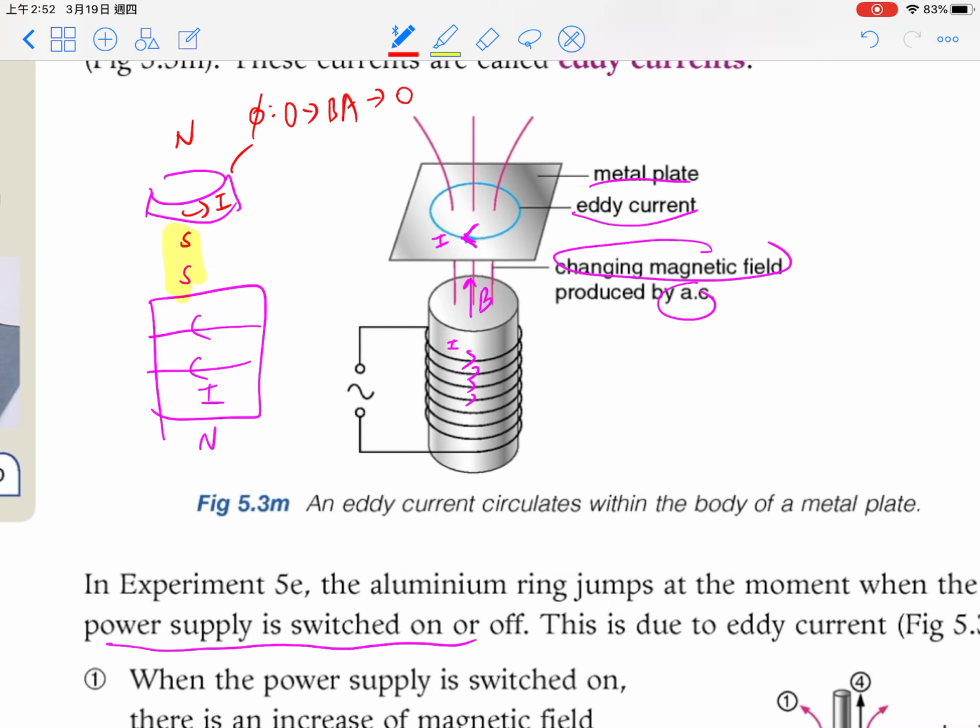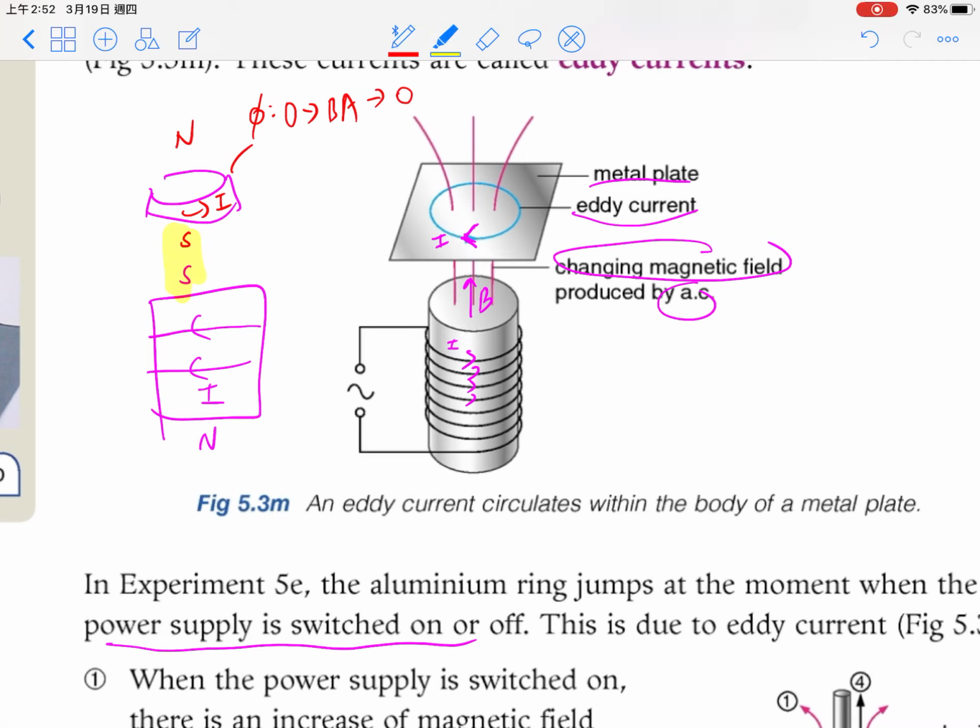After we switch it off, the flux becomes zero, so there will be a magnetic flux change. However, there will be no repulsion, because no magnetic field is generated by the solenoid if the current is zero.